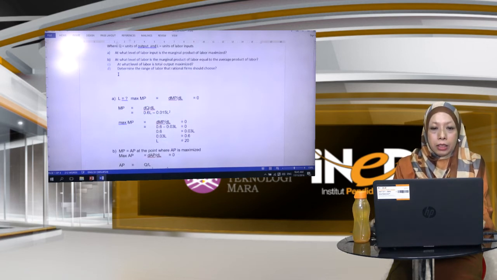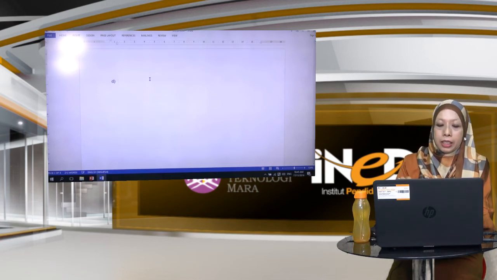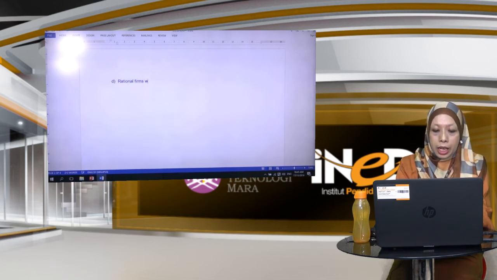Now let's look at the last question. The last question asks you to determine the range of labor that rational firms should choose. We have identified that rational firms would hire labor in stage 2.